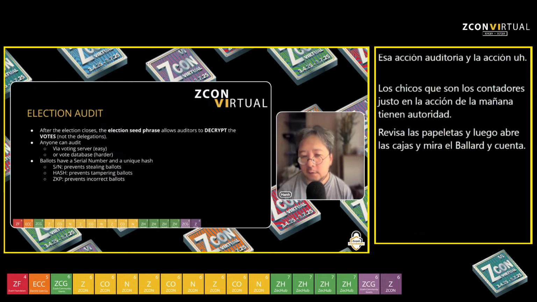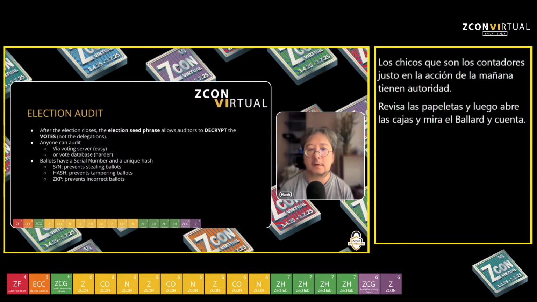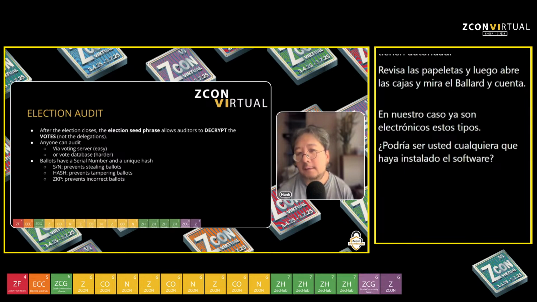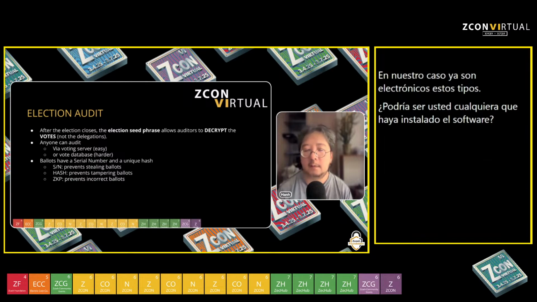In our case, since it's all electronic, these guys could be you, could be anyone who wants to install the software. Because you have the blockchain, you can connect to any of the validators and synchronize with the application blockchain.